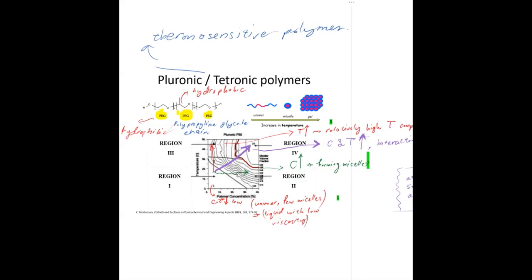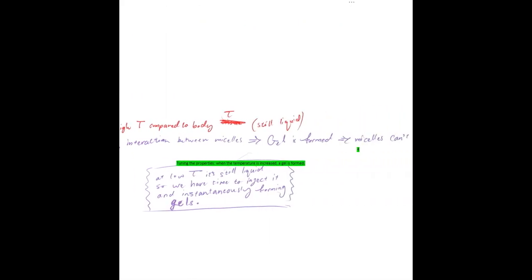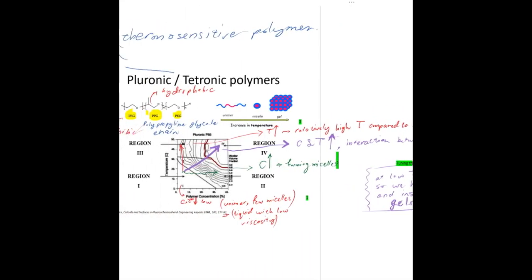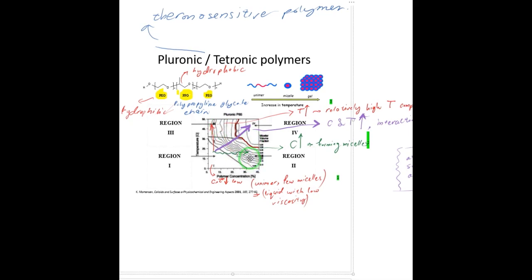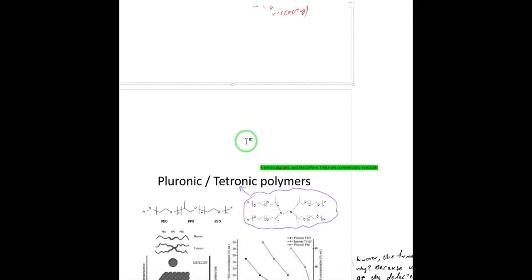But anyway, let me just check if I have covered all about this. Yes, and I just have to remind you that when the gels are formed in this region, the micelles cannot move, but in this region we have the micelles dispersed in the colloids, which still have the ability to move.